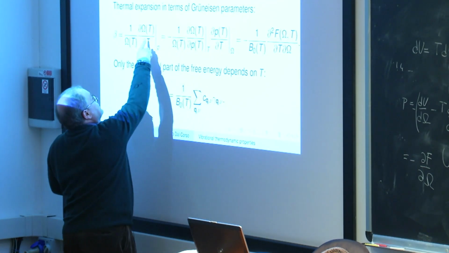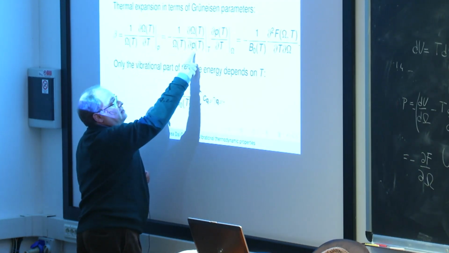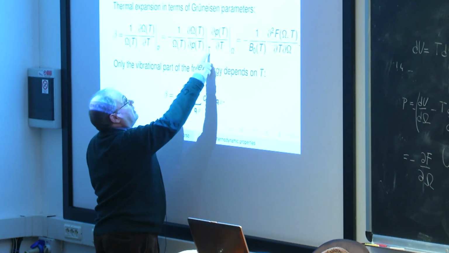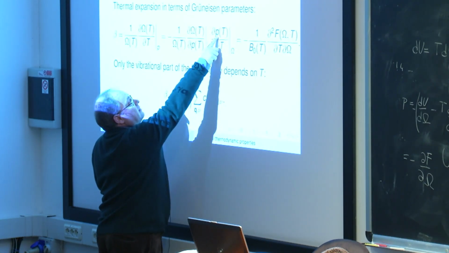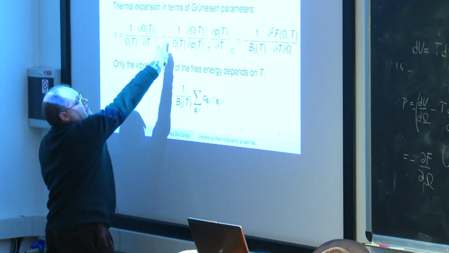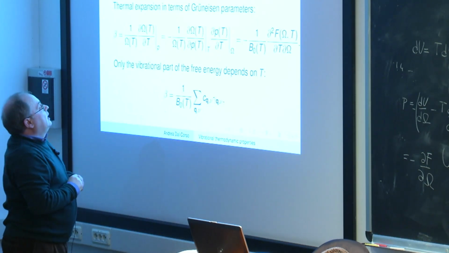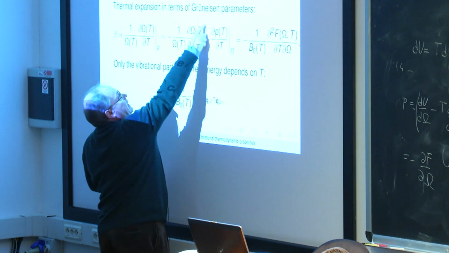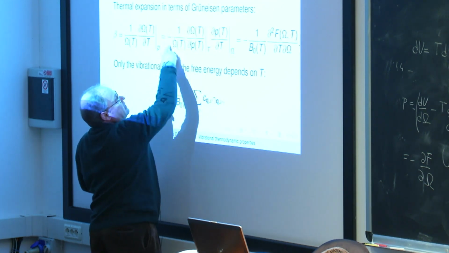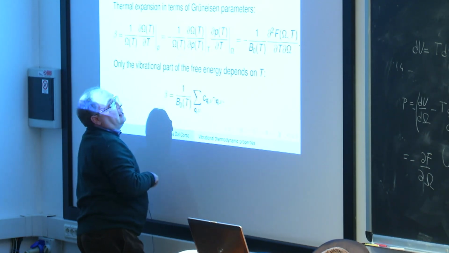Instead of deriving with respect to temperature, you can derive with respect to pressure at a constant temperature, and then the pressure with respect to T at constant volume. This equation is true, but there is a minus sign. And this object is 1 divided by the bulk modulus, so it is the compressibility at the temperature T.